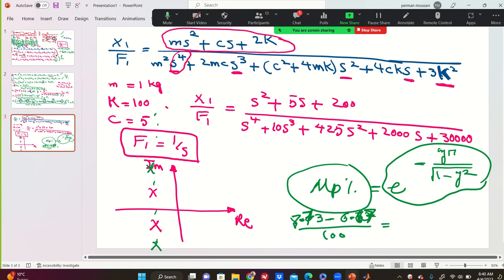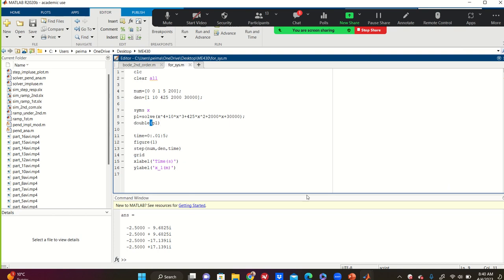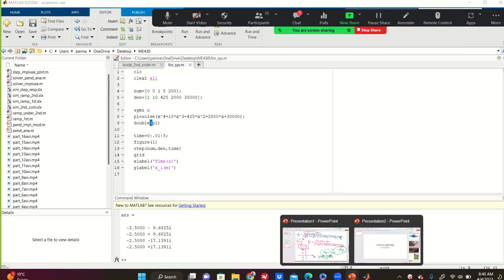Okay, it's really simple. You just have to take the Napierian logarithm from both sides, ln, and calculate minus zeta pi and this kind of things. Okay. That's it. So now, let me go back here.